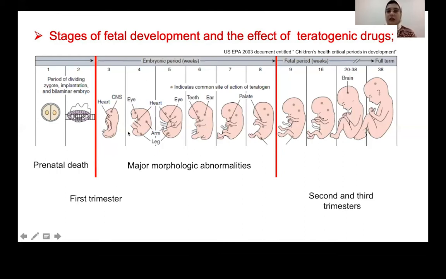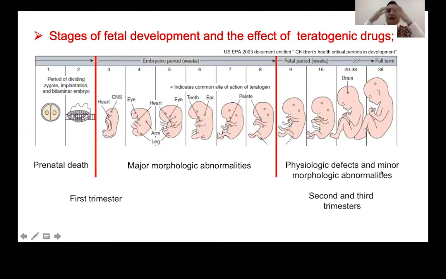Because this age from the 2 to 8 weeks is the most dangerous period and the duration of development of the organs of the baby. And during the 3rd stage, we can have physiologic defects and minor morphologic abnormalities.